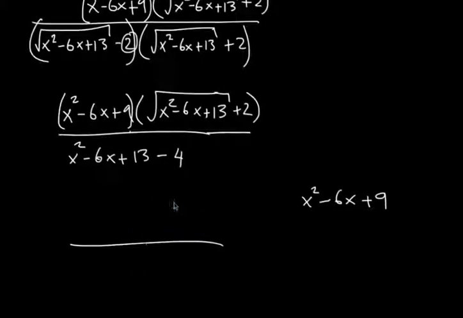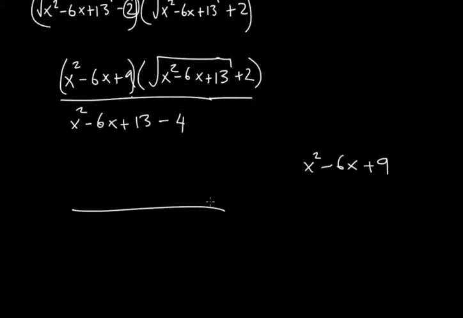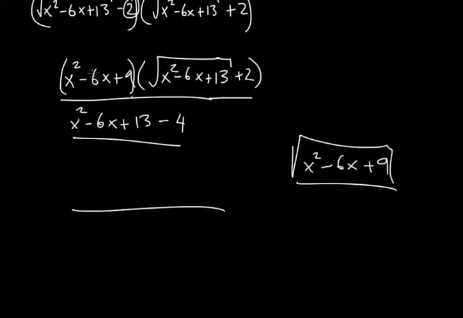Now, already without doing anything much more, you should be able to see that at the bottom I've got x squared minus 6x plus 9, and on the top I've got x squared minus 6x plus 9. So those two are going to disappear, because that's exactly what I have here at the bottom. This is just this simplified, and I've got the same thing on the top, so that's going to cancel with that, because these two things are multiplying.